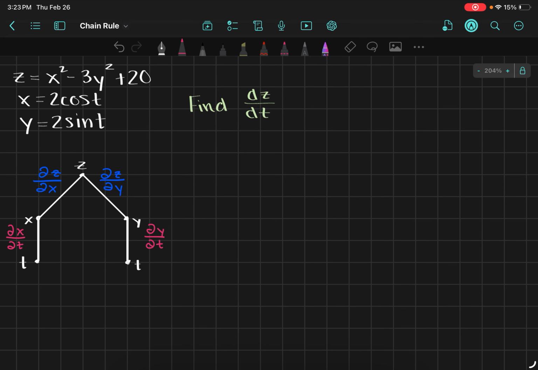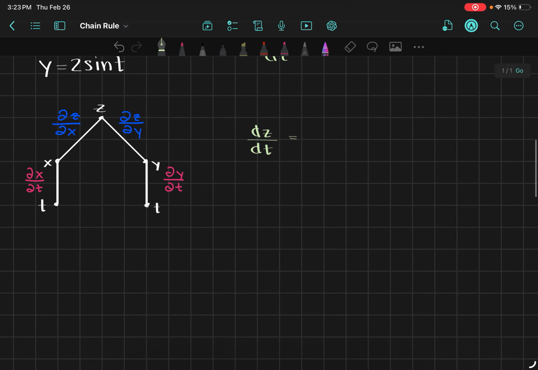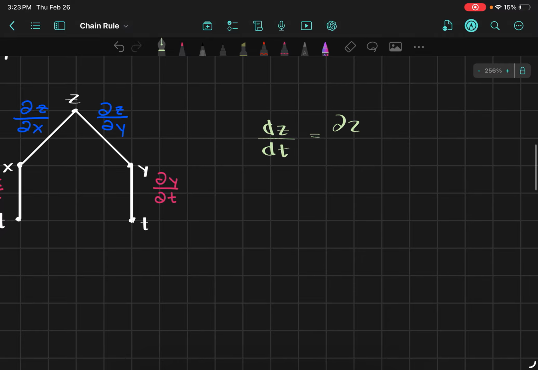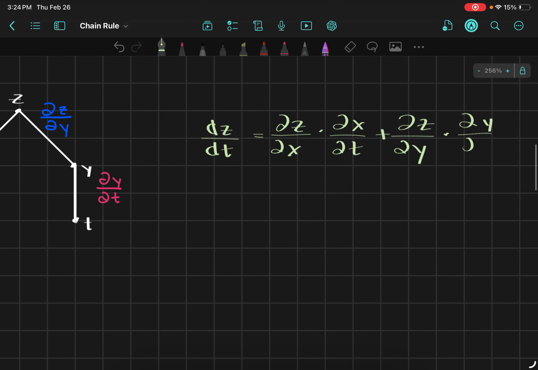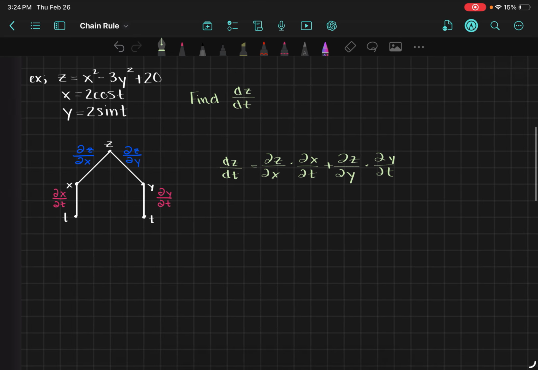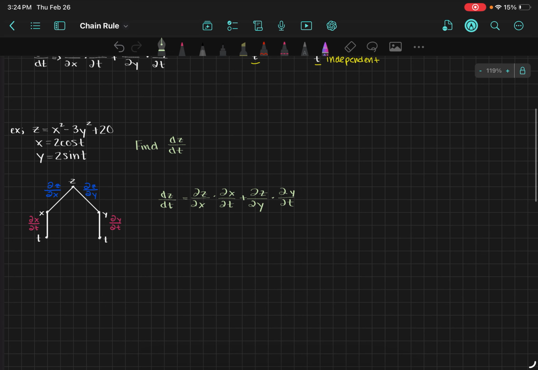Putting this all together, dz/dt is going to equal the partial of z with respect to x times the partial of x with respect to t, plus the partial of z with respect to y times the partial of y with respect to t. That is going to be our formula for our chain rule.